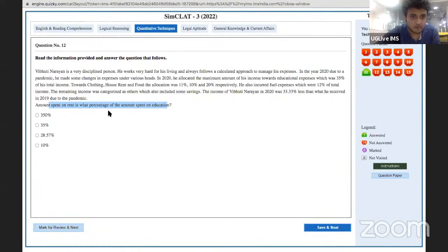हाँ जी. What percentage of amount spent on education? तो क्या होना चाहिए guys? On rent is 10% and on education is 35%. ठीक है, तो उसको मैं divide कर देता हूँ.